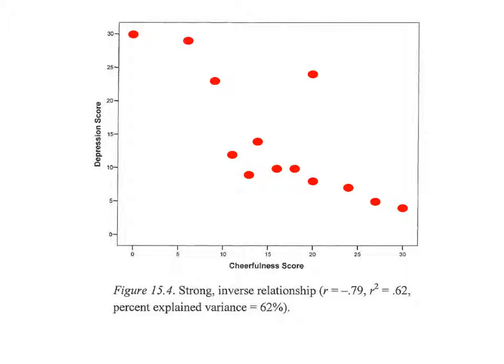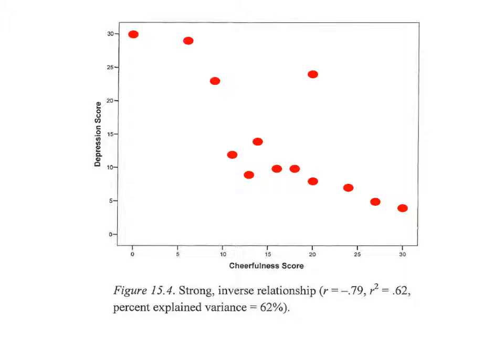So when we look at the R value of this particular figure, 15.4, we see the R value of negative 0.79. So the corresponding value of R squared for an R of negative 0.79 is 0.62 for 62% explained variance.